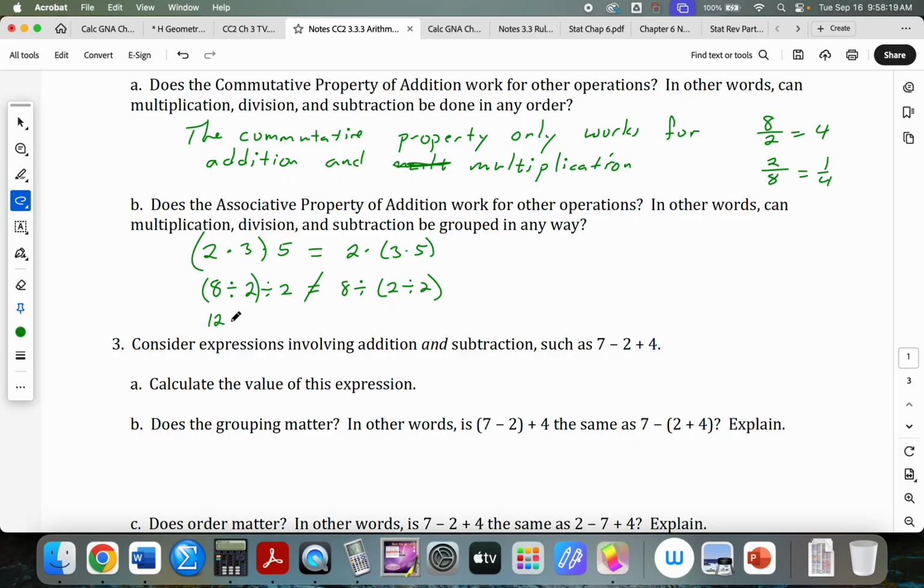Let's do 12 minus 3 minus 6. If I group those first 3, is that the same thing as 12 minus 3 minus 6 grouped differently? No, it's not the same thing, is it? So again, the associative property only works for addition and multiplication.